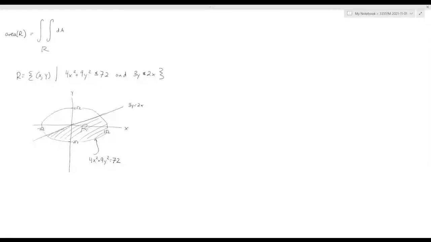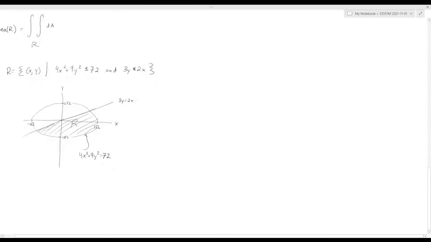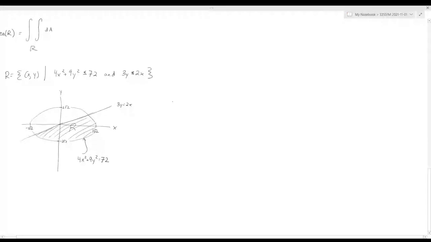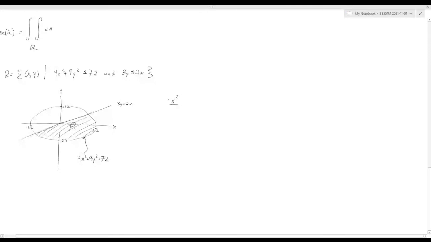So the correct change of variable would be to straighten up this ellipse, right? I could do an elliptic change of variable.